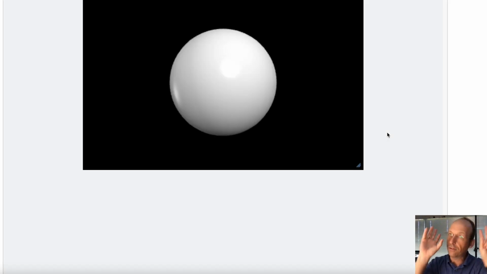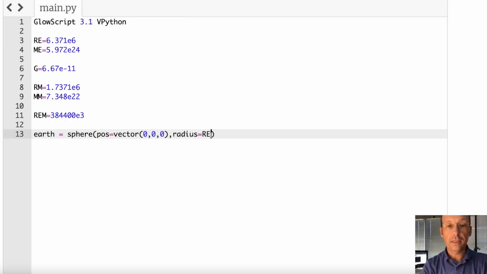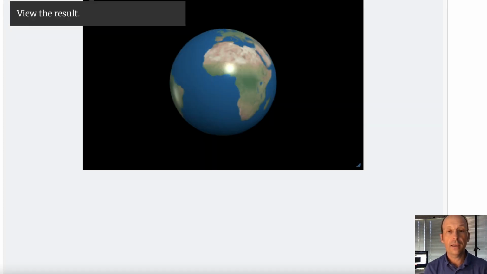Here's my Earth. Doesn't look like the Earth. We can fix that. So let's go over here and say texture equals textures dot Earth. That's a built-in texture in GlowScript VPython that makes it look like the Earth, and that's cool. Now, I want the moon to orbit around in this plane. This is the XY plane that we're looking at.